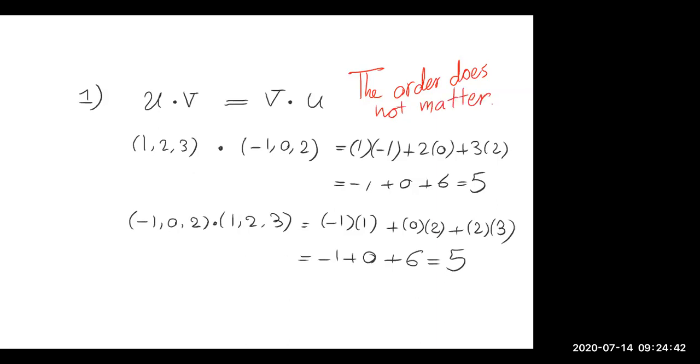However, strangely enough, that's not the case for the cross product. The cross product of U and V is not equal to the cross product of V and U. And it would be interesting to understand how it would change. How can we find the relationship between these two?